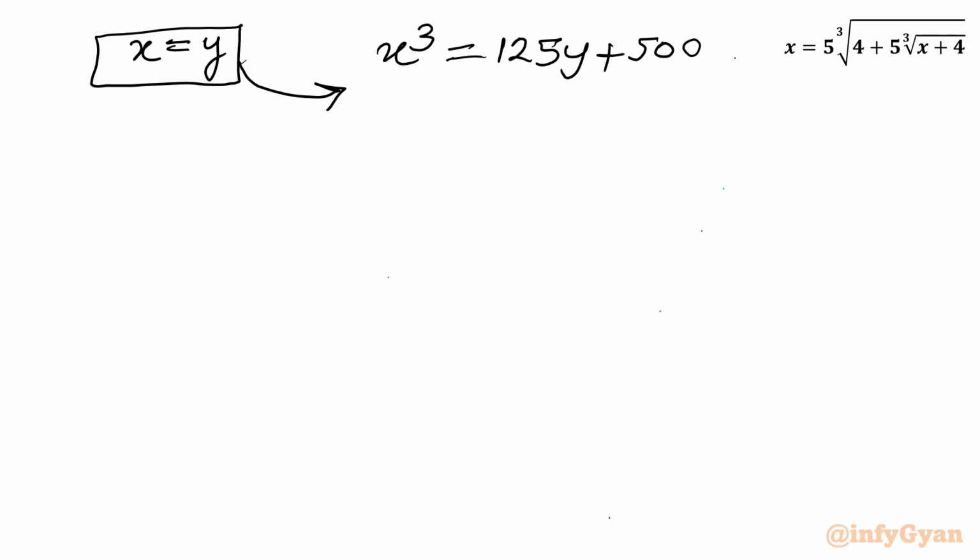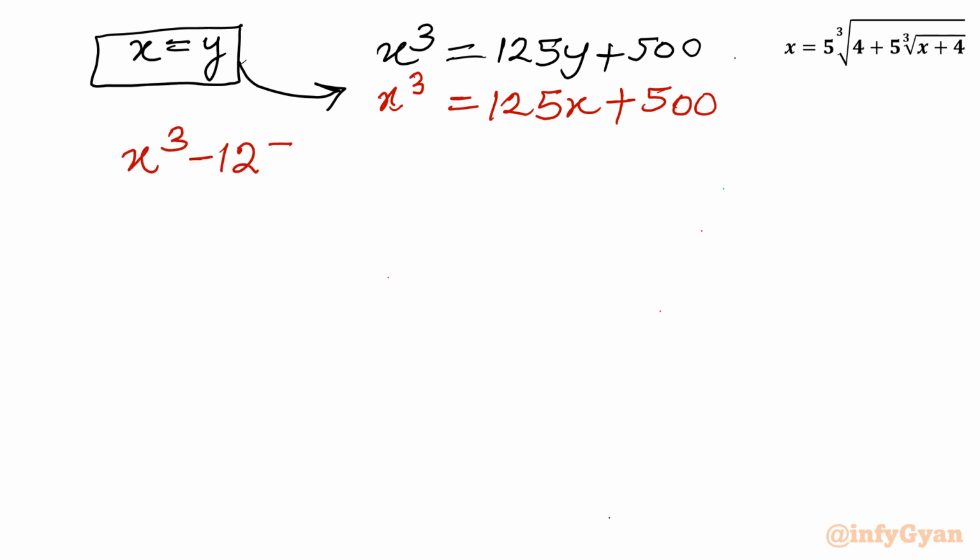So what I will be getting is x cube equal to 125x plus 500. Take all the terms to one side: x cube minus 125x minus 500 equal to 0.